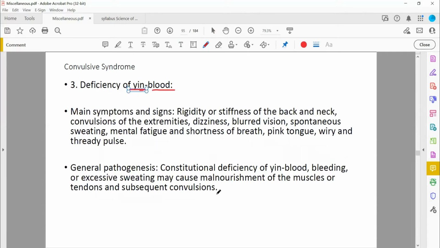But this one, the convulsions, are not as obvious as with the high fever. And you will see some vision problems, because that's the liver wind, liver blood, or liver yin. Right. The eye relates to the liver.